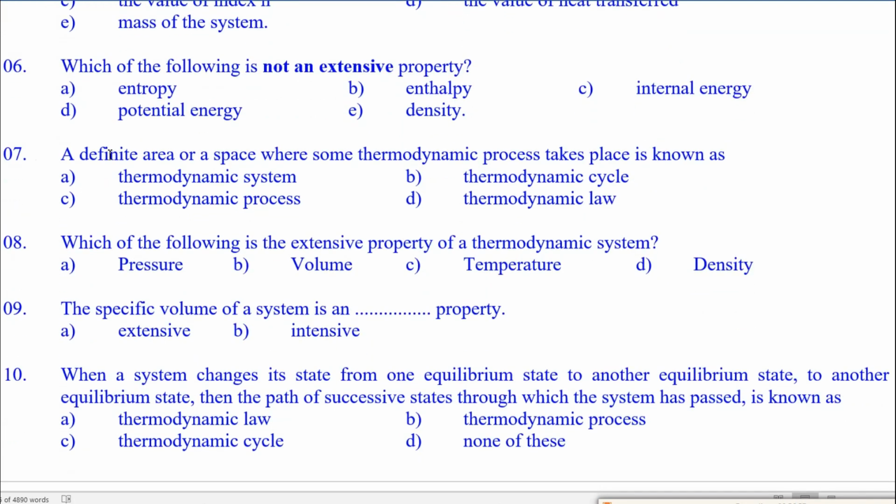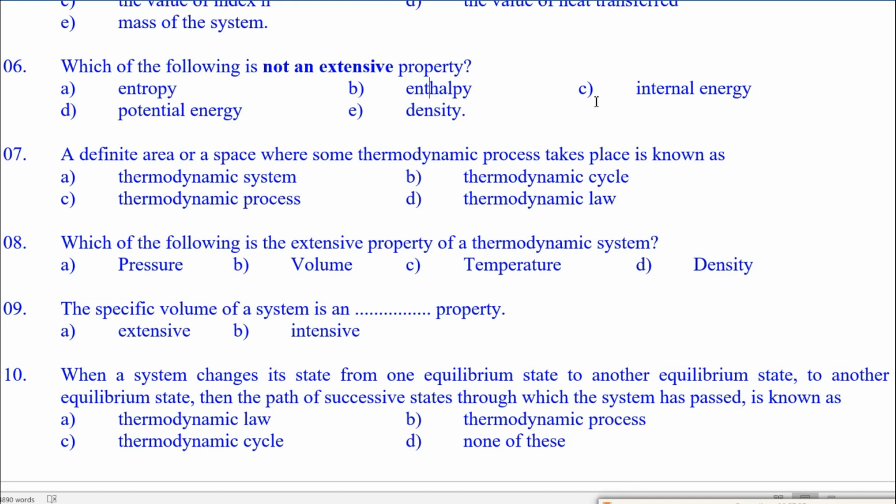Question 6, which of the following is not an extensive property? We know extensive property is dependent on the mass. Here entropy is an extensive property.